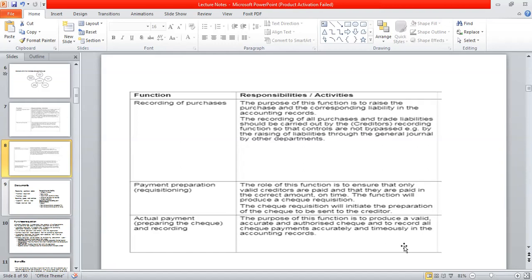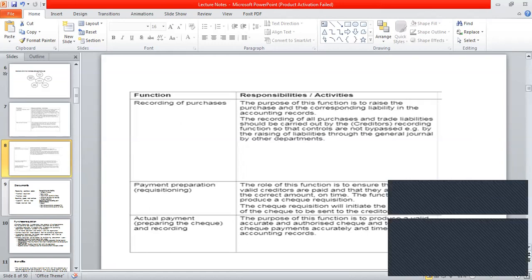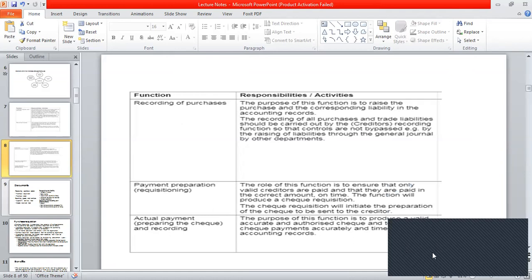After the transaction is recorded, then it is passed through to the payment function. The role of this function is to ensure that only valid creditors are paid, and that they are paid in the correct amount.